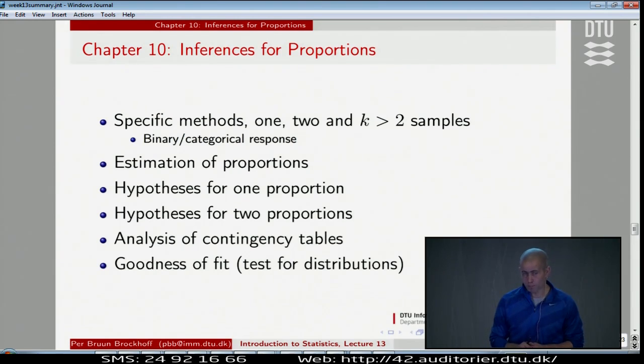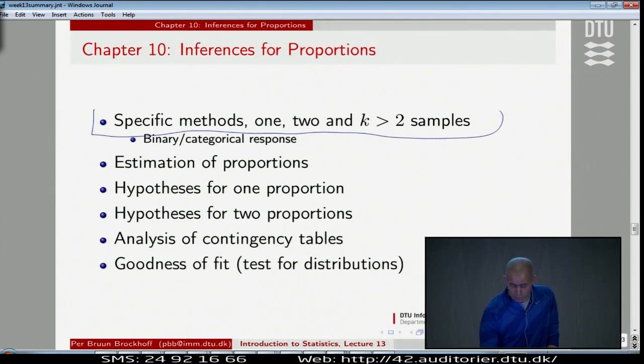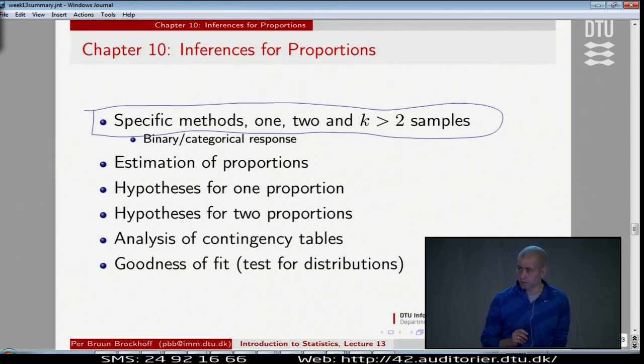That's the proportions situation in chapter 10. We learned some specific methods for 1, 2, or actually more than 2 samples for the first time in this categorical setting.